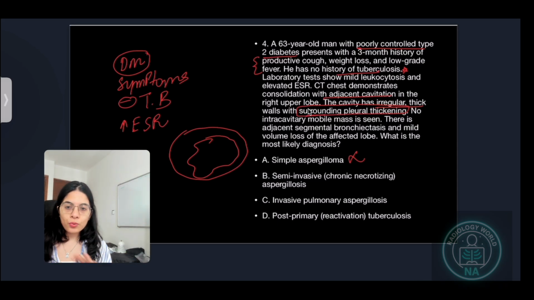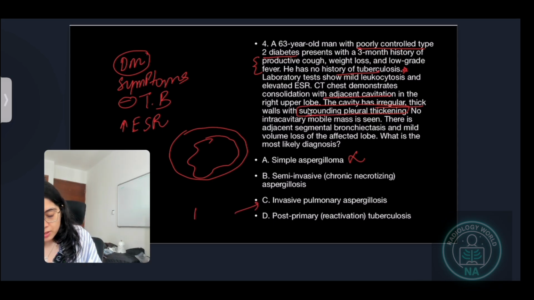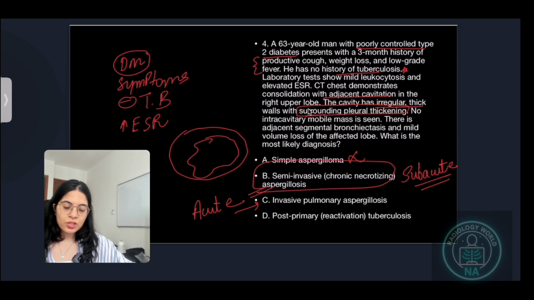We will be better able to rule out this option when we talk about invasive pulmonary aspergillosis. It is very aggressive, and the patient will present very acutely. There will be acute symptoms. Whereas if you are given a history of an immunocompromised status with symptoms and a subacute history, that is a case of semi-invasive aspergillosis, which is also chronic necrotizing aspergillosis.